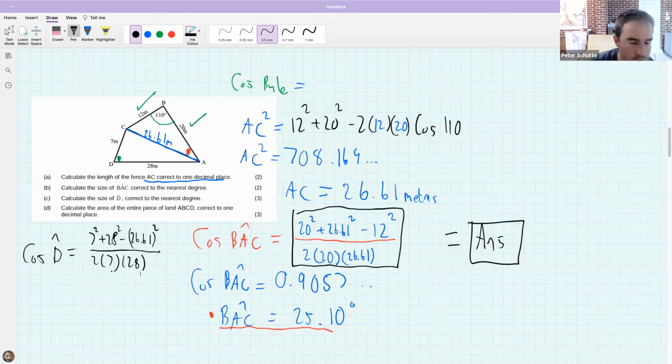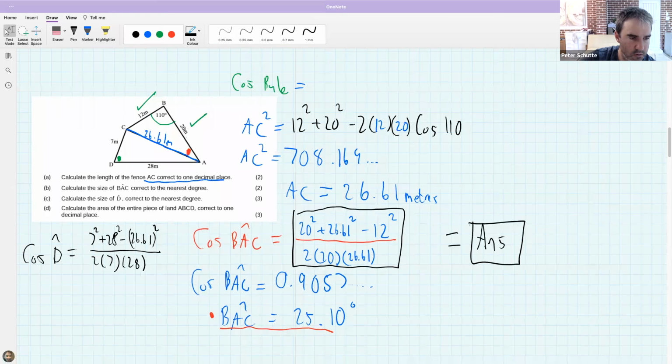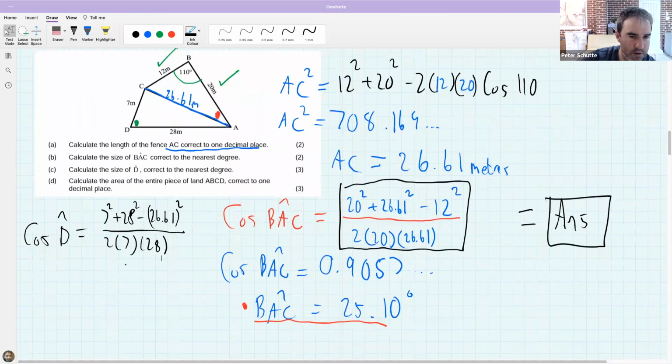So if I wrote out my attempt to get D, I get this, but there's still work to be done before I get the value of D. And so let's see how we can get that.